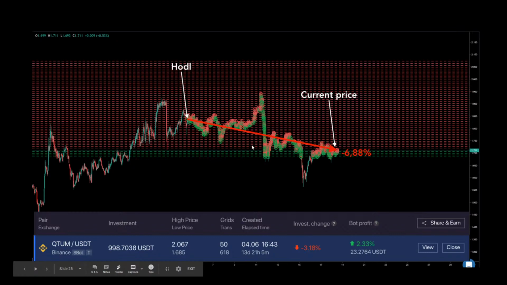So that's an obvious, apparent example where you see that it makes more sense to stick to the automation, because even on the downfall, it protects your investment. And in this example, it did actually protect it twice more effectively. You see, that's minus 3% instead of minus 6%.